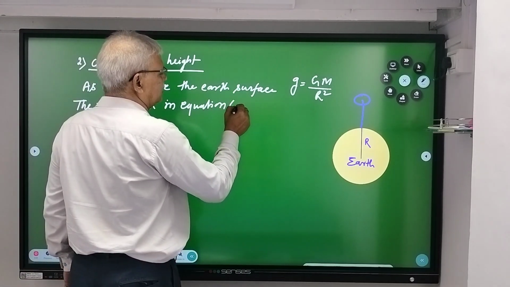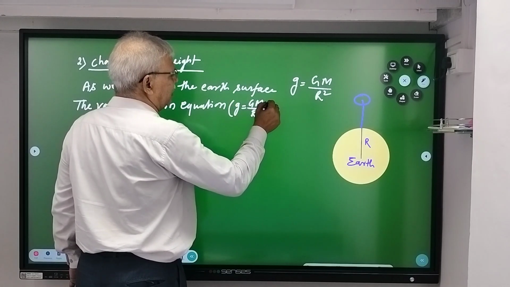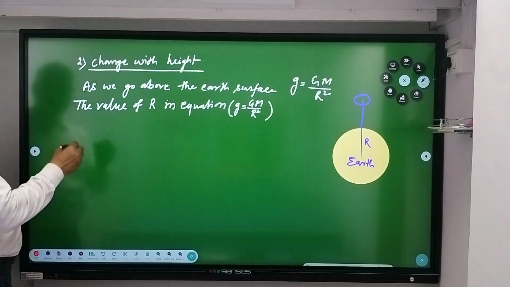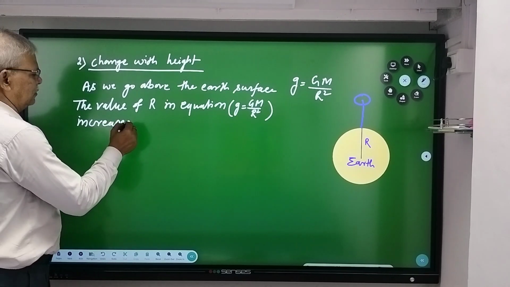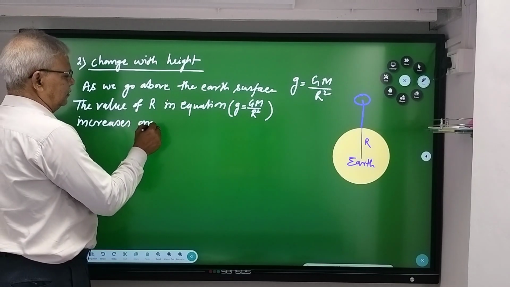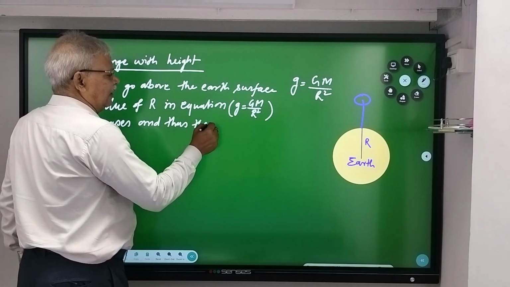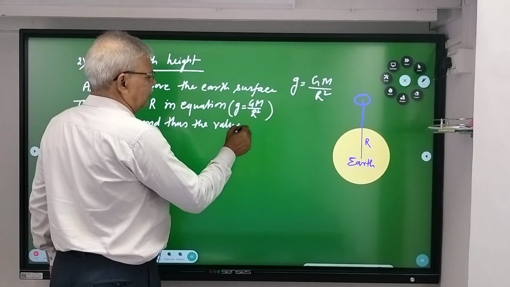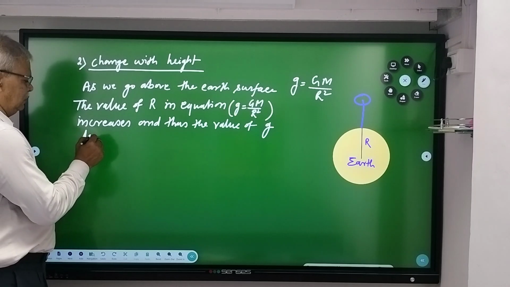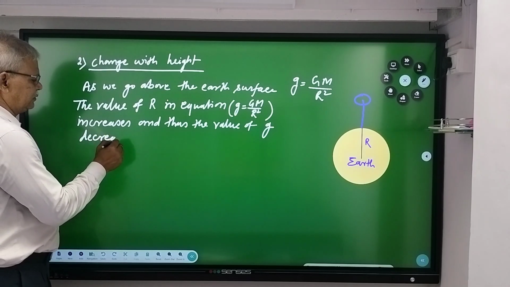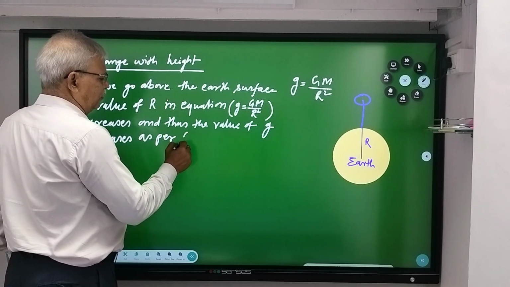which equation? G is equal to capital G M upon R square. The value of R in the equation increases and thus the value of G decreases as per formula.